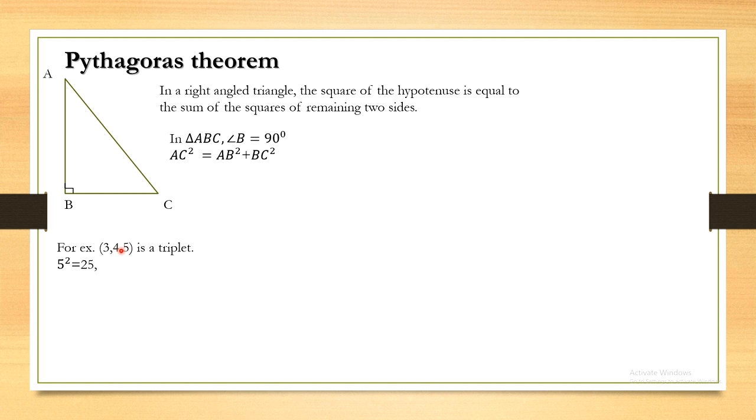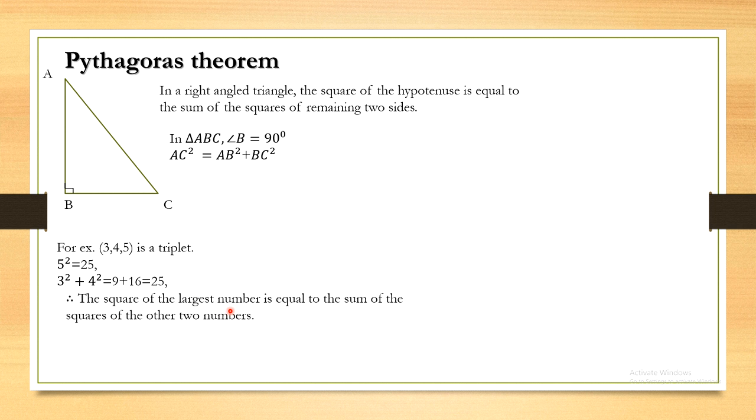And the sum of the other two squares, 3 square plus 4 square, equals 25. So the right side is equal. So we can say that the square of the largest number is equal to the sum of the squares of the other two numbers. That means it is called a Pythagorean triplet. Likewise, for any example you can verify whether the given numbers form a Pythagorean triplet or not.